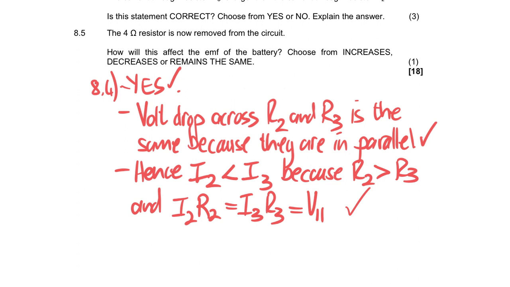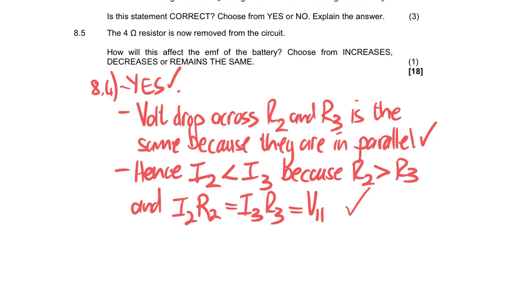Now, notice that it is only 1 mark, so it's not going to be as complicated and as complex as 8.4. And you probably can answer this question without even looking at the circuit. But let's look at the circuit.